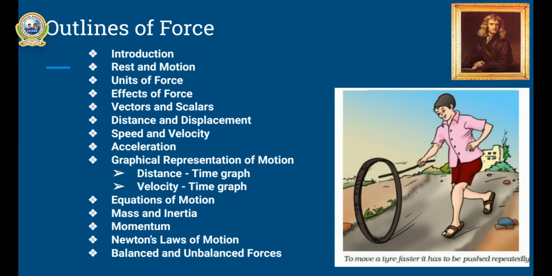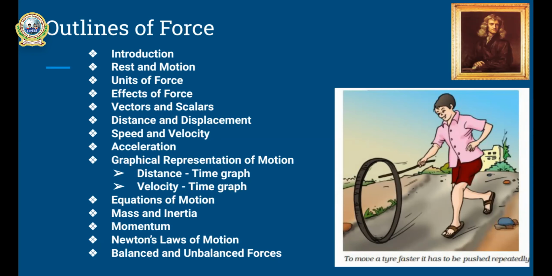You will read the graph plotted between distance and time. When we plot the graph between distance and time, we'll get the speed of a body or the motion of a body. Then another type of graph is between velocity and time, called the velocity-time graph. When we plot the graph between velocity and time, it shows the acceleration of a body, whether the body is in uniform acceleration, retardation or zero acceleration. We can see the situations of different accelerations of a moving body by plotting the graph between velocity and time.